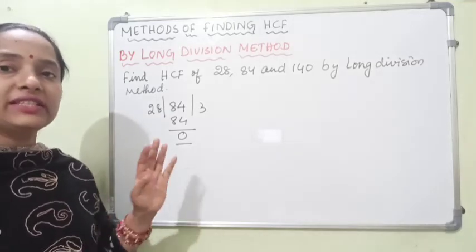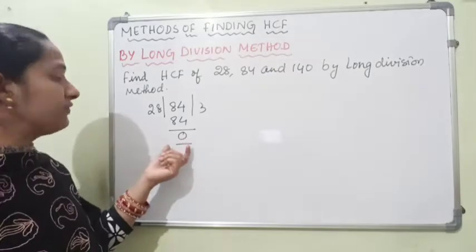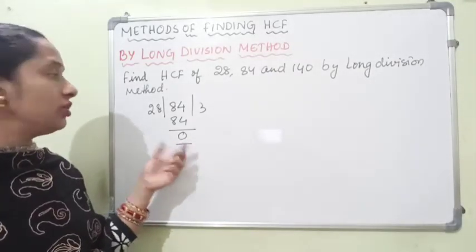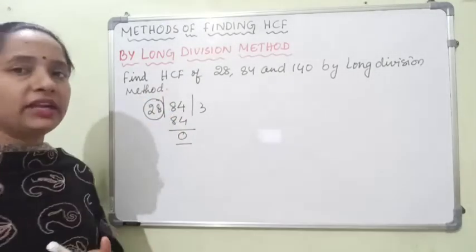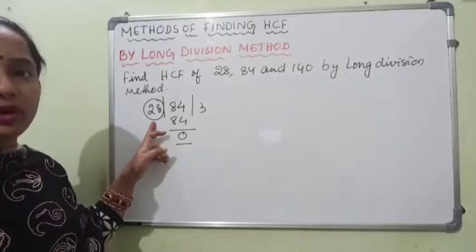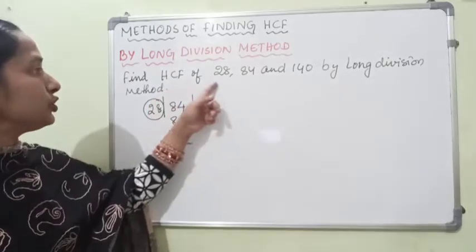What is the divisor in this case for which, right after dividing in one step only, you got the remainder 0? Here 28 is the divisor, where by dividing 84 we got the remainder 0. So you have to encircle 28, and this will be the HCF of the first two numbers.